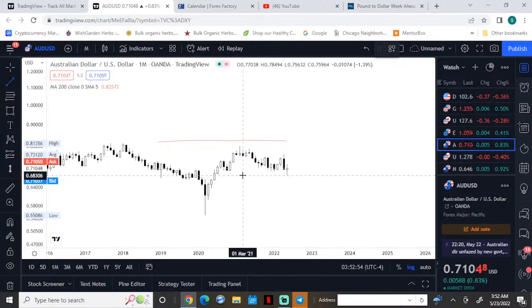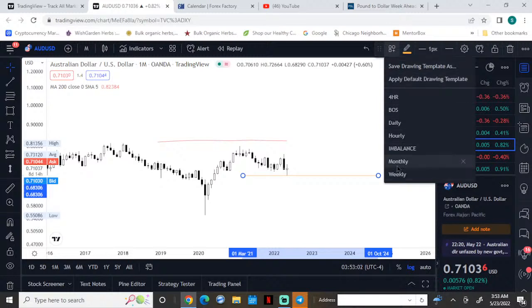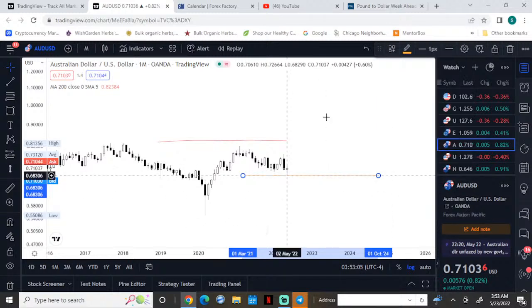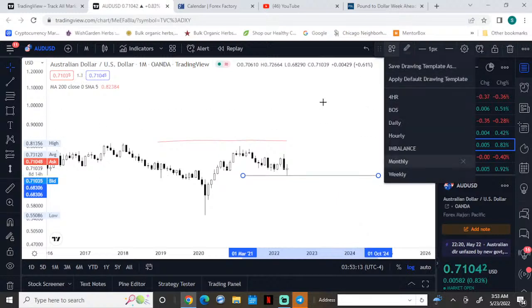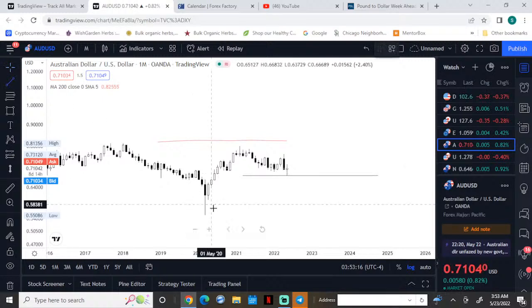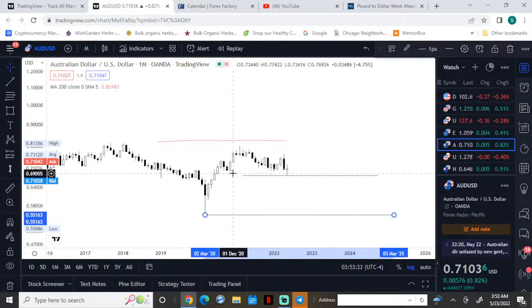I am going to mark May's low, and I am going to mark March 20th low, just because we are here at September, November lows, and it went down, came back up.